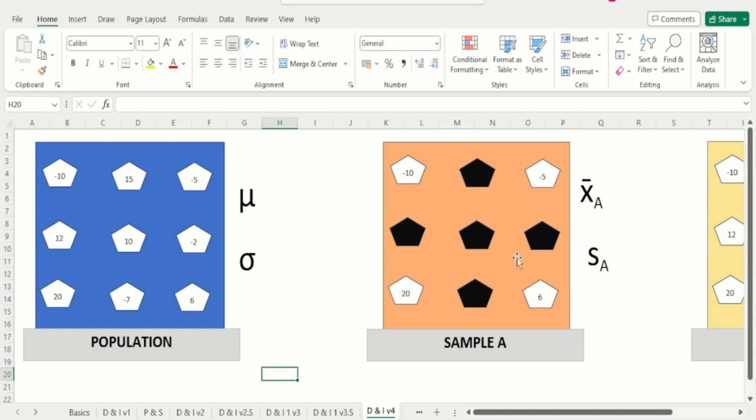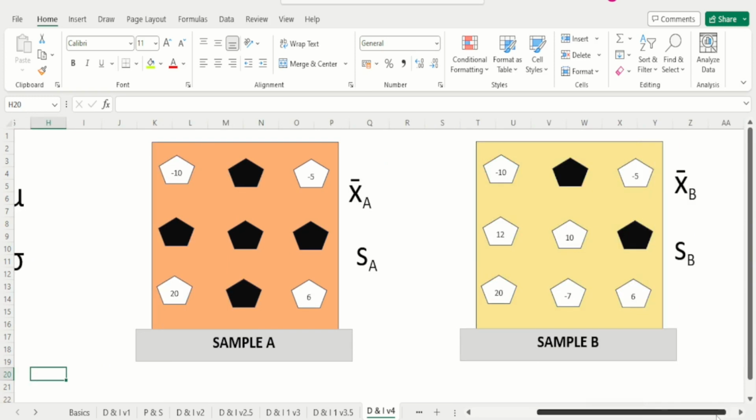What you have on the right side is purely again for sample. In this case, X bar represents a statistic for arithmetic mean, and S represents a statistic for standard deviation. Similarly, if instead of this sample, sample A, your sample was sample B, then X bar again is the arithmetic mean of this sample, and S is the standard deviation of this sample.